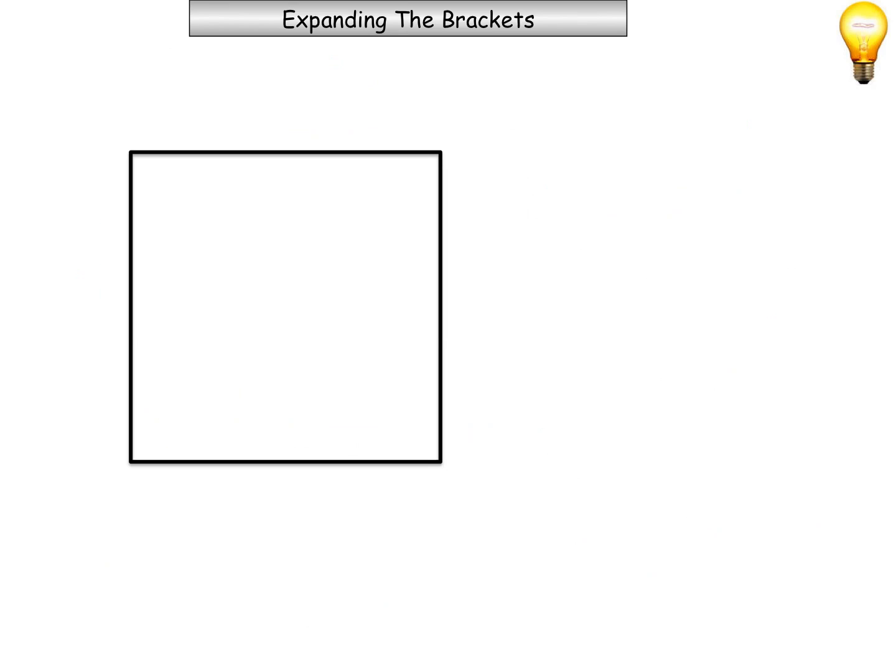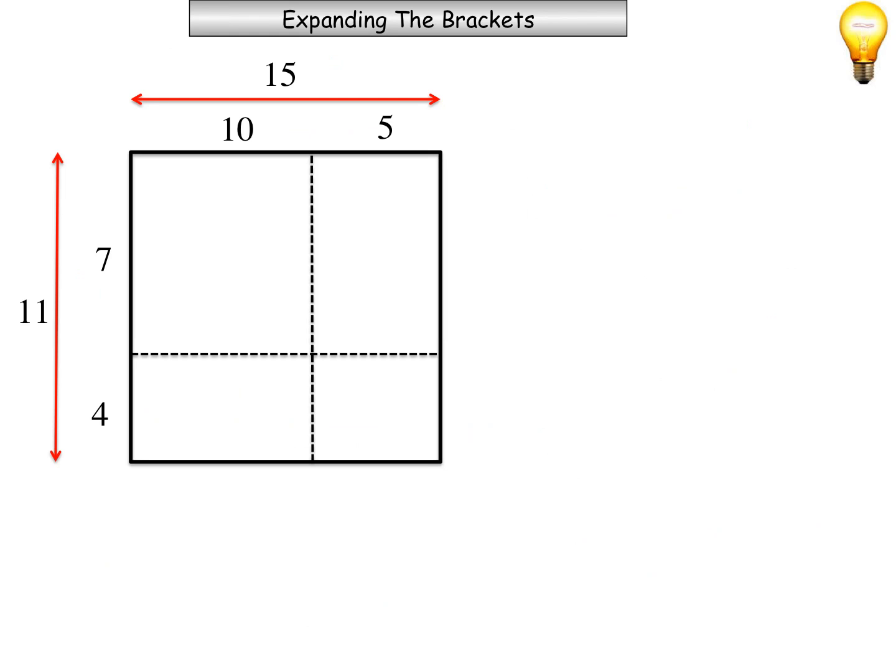Now what happens if we extend it to a particular area with larger products? So if I had 11 times 15 and I broke up my 11 with 7 and 4 and my 15 as 10 and 5. I could do this in multiple ways, so I could do 14 and 1, but I just chose 10 and 5 to illustrate this example.